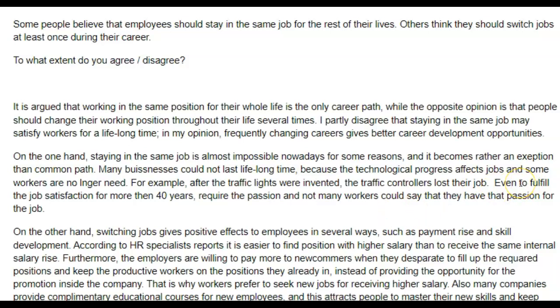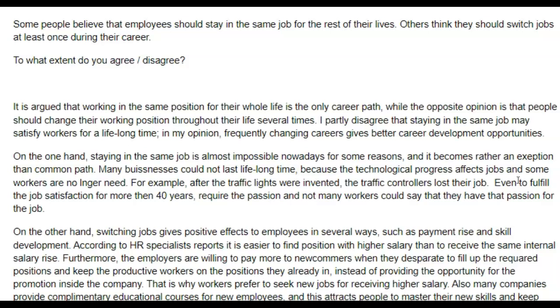So you could have said, furthermore, not to fulfill job satisfaction, but furthermore, to have job satisfaction for more than 40 years requires passion, and not many workers could say that they have that passion for their job. So that's how I would change this to make this better.